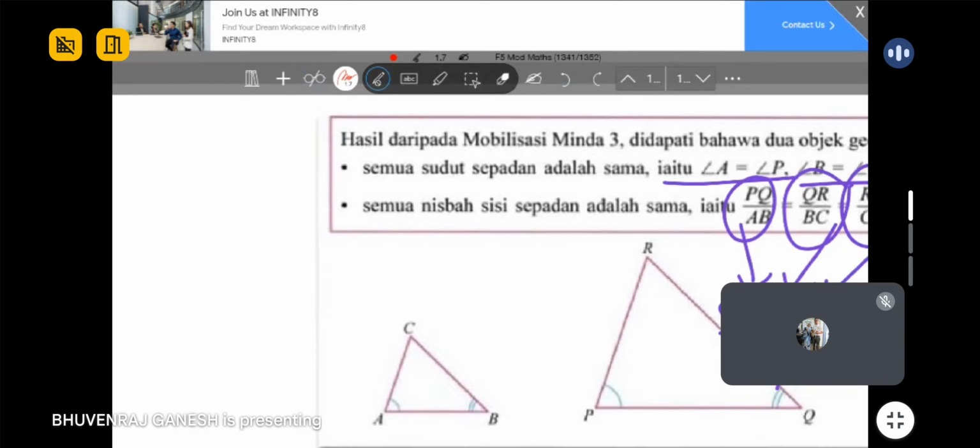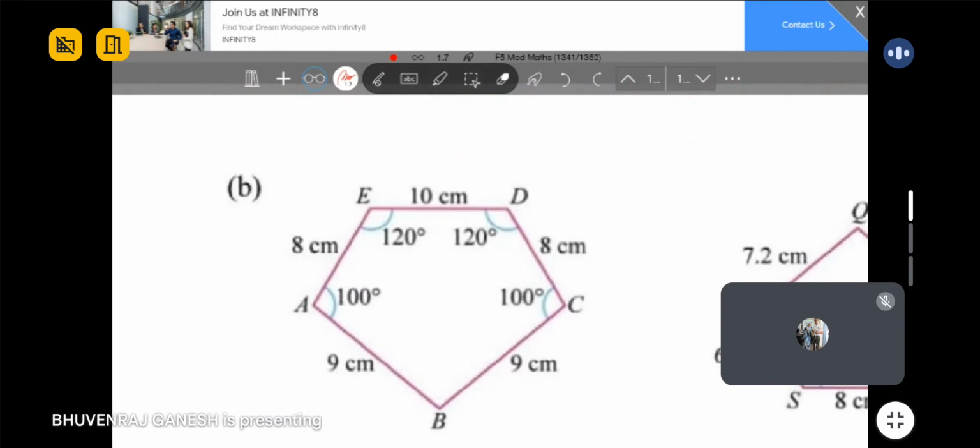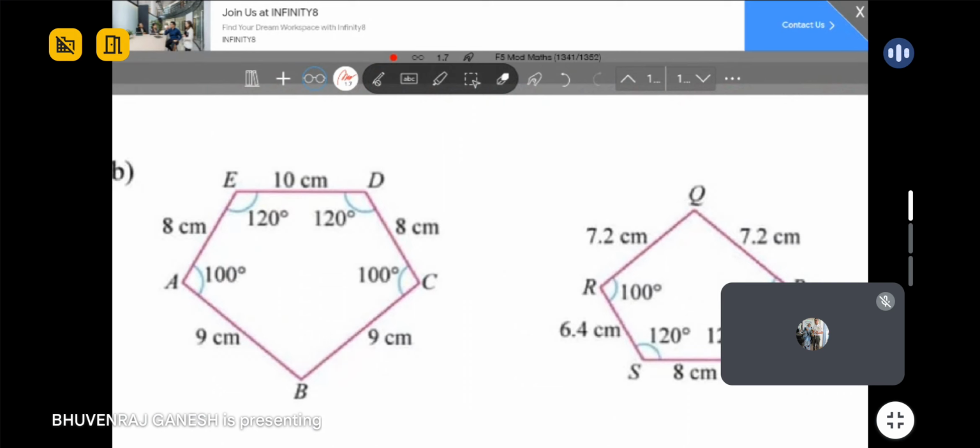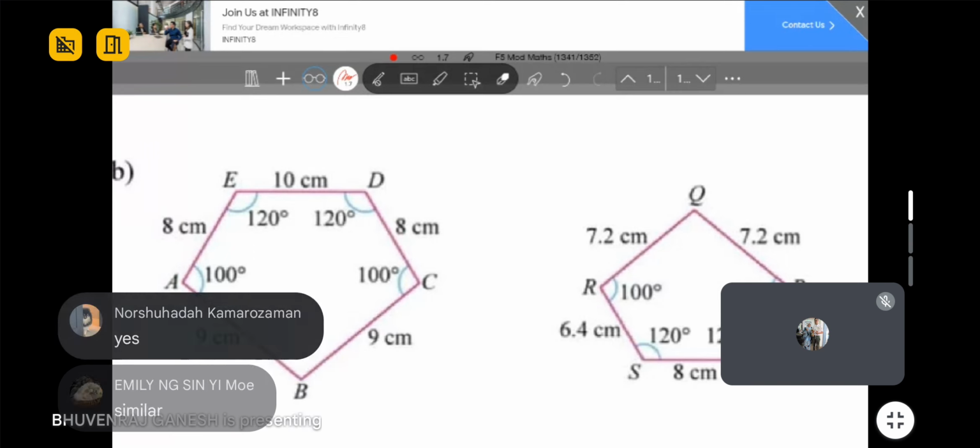All right. So next one, question B. Can you try and see, are these congruent? Are they similar? Yes or no? What do you all think? Adakah mereka sama? Yes.